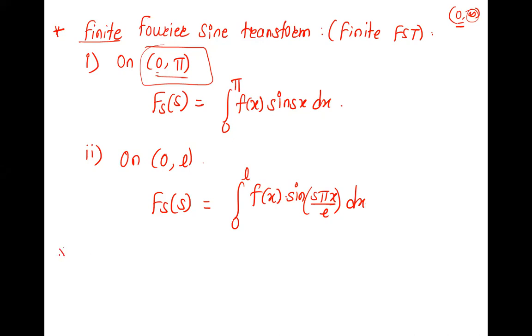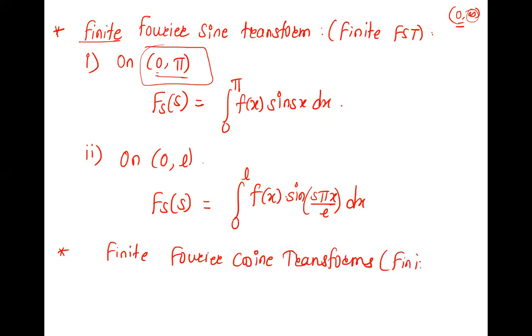And now next will be the finite Fourier cosine transform, that is finite FCT. Again there will be two intervals. First is 0 to pi. On 0 to pi, the finite Fourier cosine transform will be, can you tell me?